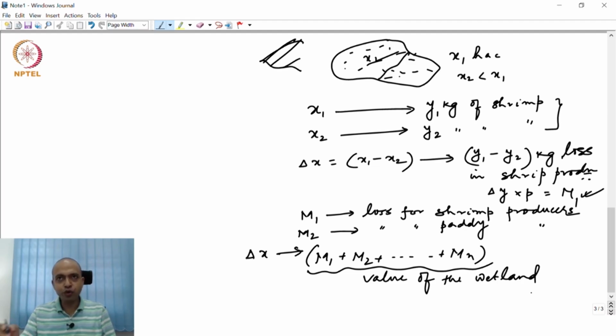So though this approach is simple to estimate, it can capture only the use value, which we have to keep in mind. This is how we can value environmental goods or services through the production function approach.